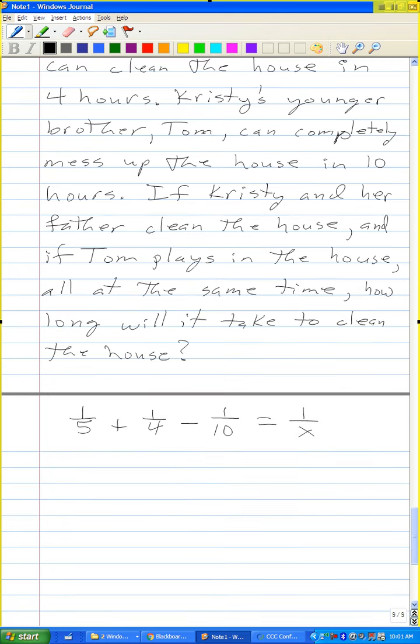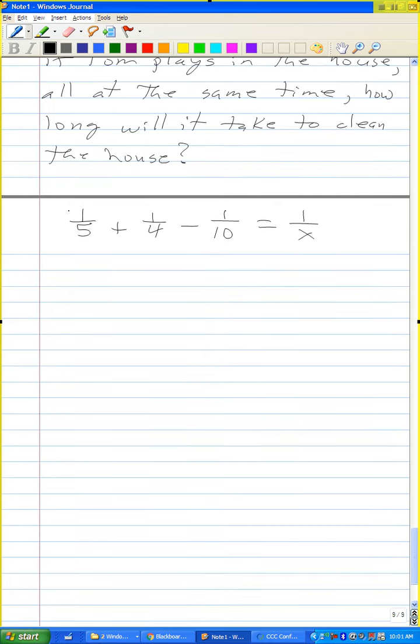And so let me multiply both sides of my equation by the least common denominator, 20x. And so 20x divided by 5 is 4x. 20x divided by 4 is 5x. 20x divided by 10 is 2x. 20x divided by x is 20.